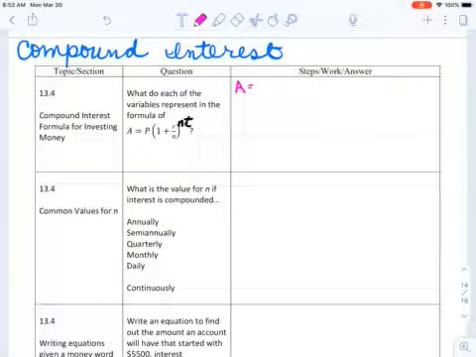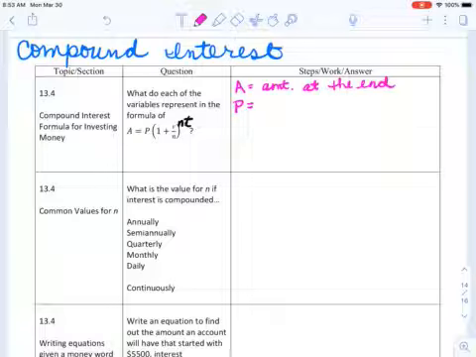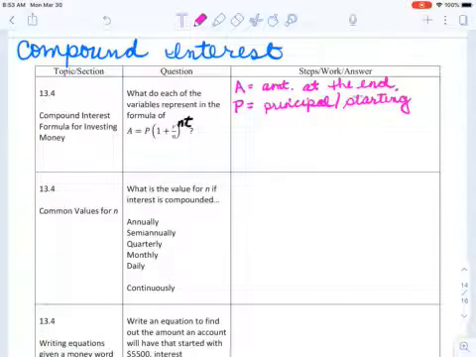Well, the A is still the amount at the end that you end up with. P is still your principal, or your starting amount, right? How much money you put in. R is the interest rate still.